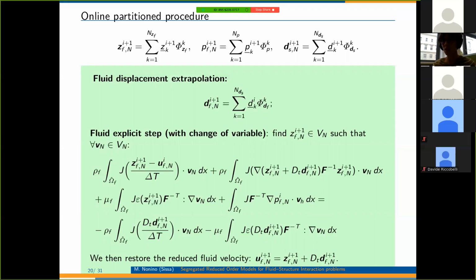The only change is that now we have to reformulate the viscous step of the Chorin-Temam projection scheme as a function of the new variable zeta. And then once we have found zeta, we can restore the fluid velocity online variable UF using the inverse transformation.